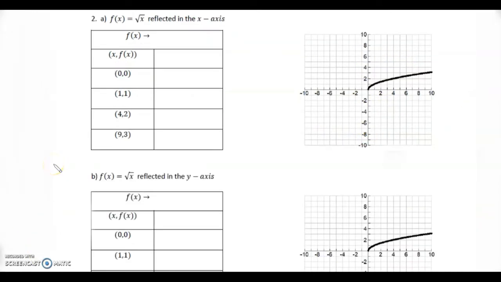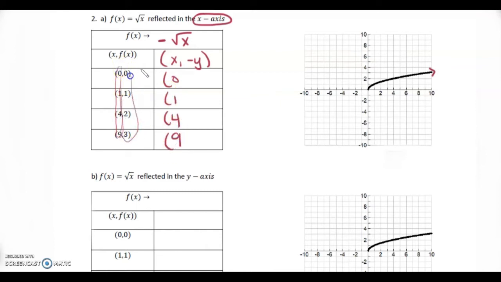Okay, example 2, we're going to cover the root x function. Okay, so the root x function looks like this. If it's reflected over the x-axis, remember we want to just put the negative sign out front and then put the function. Okay, so this is going to affect the y values, so we're going to negate all of the y's. So these x's stay the same, 0, 1, 4, 9.